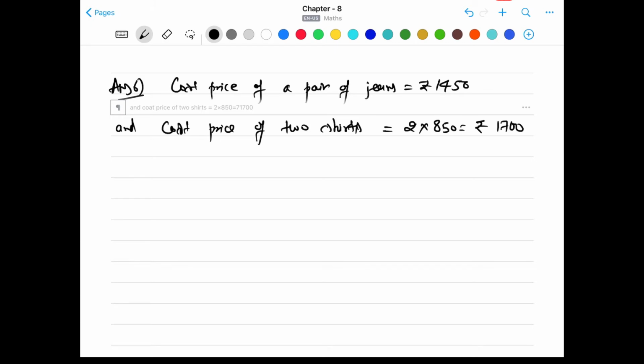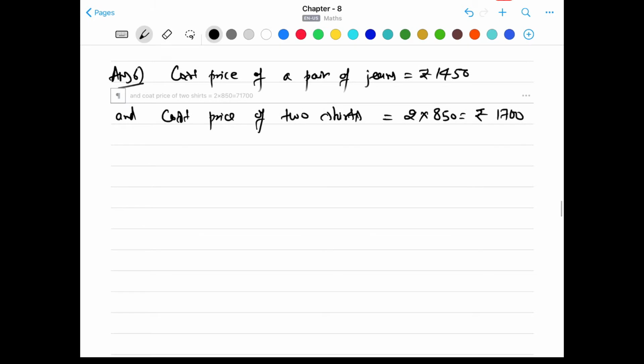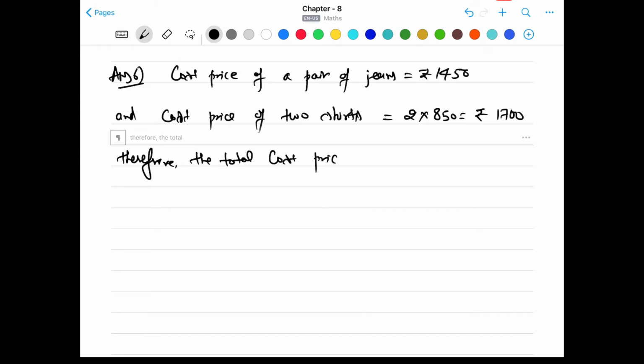So the total cost price will be rupees 1450 plus rupees 1700.